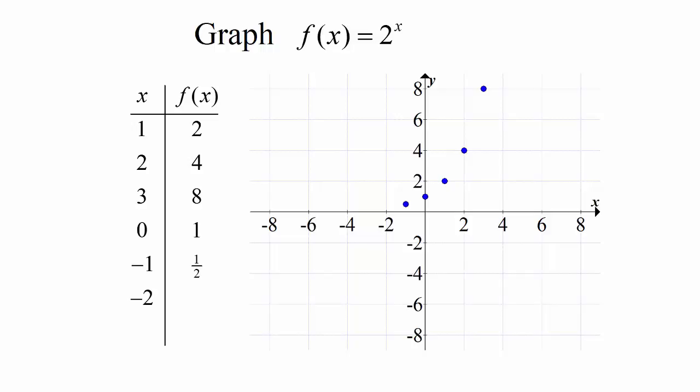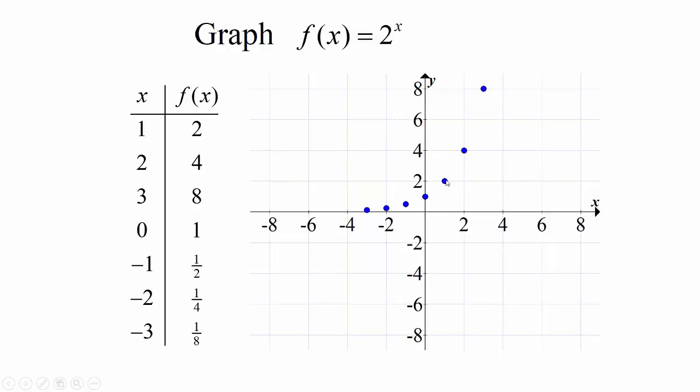If we choose a negative 2 for x, 2 raised to the negative 2 power is 1 over 2 to the positive 2 power, which is 1 over 4. Negative 3, the last dot we're going to put, 2 raised to the negative 3 power would be 1 over 8. The dot at negative 3 and 1 over 8 is way down by the x-axis.